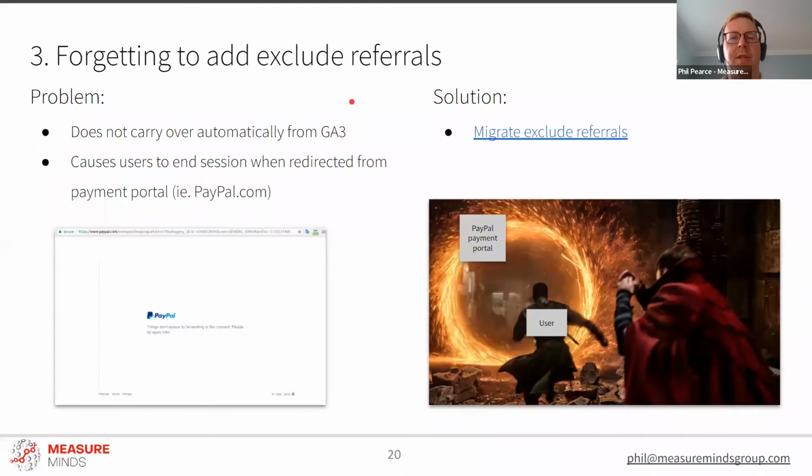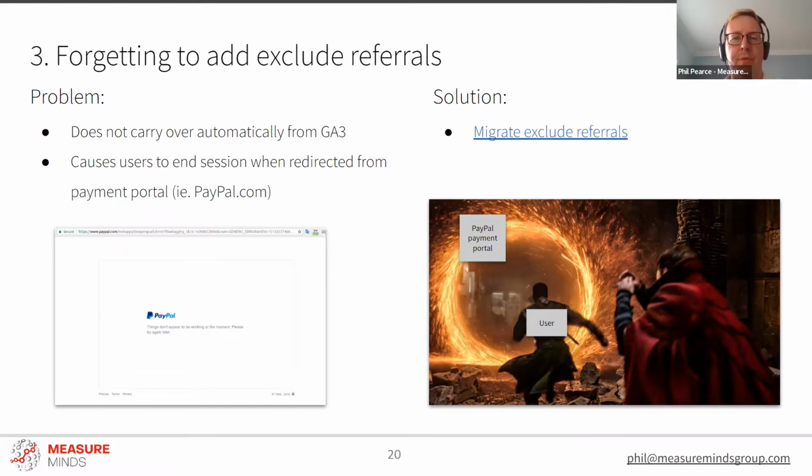Another one, which is a bit of a gotcha, is not adding exclude referrals. Those of you familiar with GA3 may be well aware of the fact that you have to add exclude referrals. If you don't add them for things like payment portals like PayPal or Stripe, then your sessions get reset, everything gets attributed to paypal.com rather than Google Organic or Google Paid or the originating source.